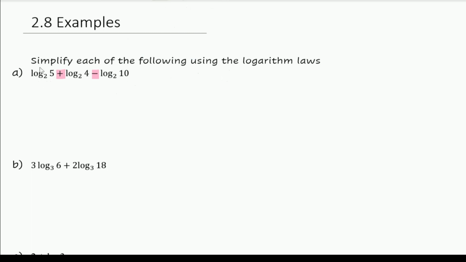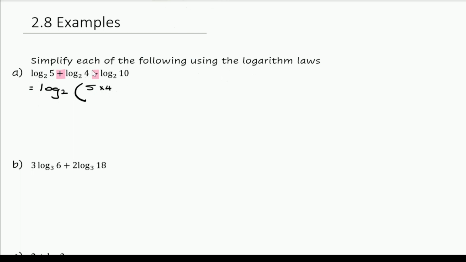So if we just look at our first part here, we're going to be using our addition law. So this tells us that if we've got a log, that's the same base, we've got log base 2, what we're going to do is multiply 5 and 4 together. So I'm going to have 5 multiplied by 4.